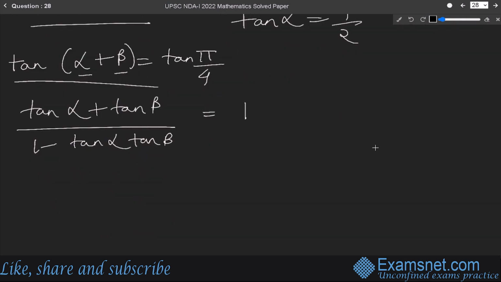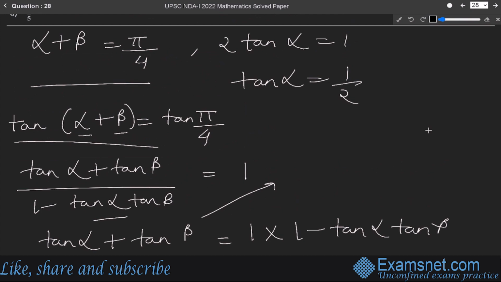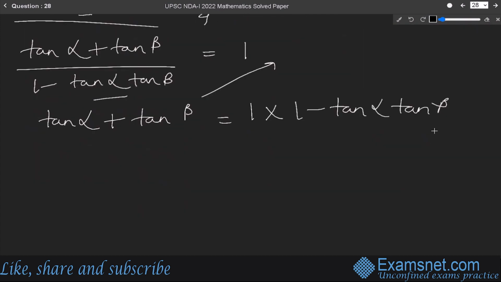Further solving it, we get tan alpha plus tan beta is equal to 1 into (1 minus tan alpha tan beta). This term will go there, so it will become like this. Now we know the value of tan alpha, which we have already found, which is 1 by 2. So I will keep the value of tan alpha here.